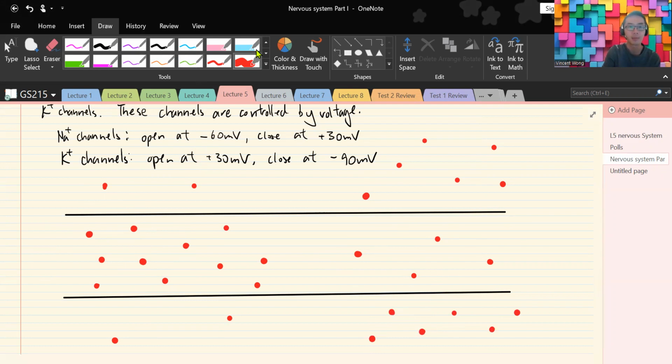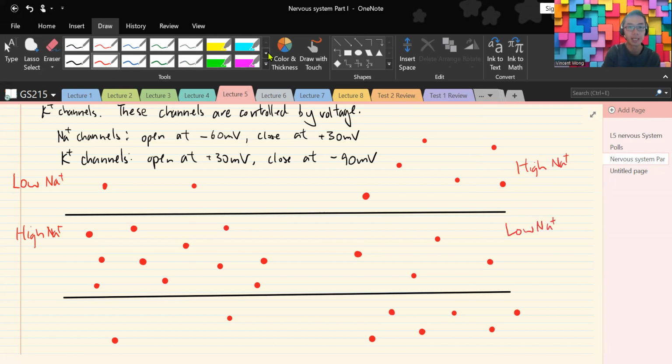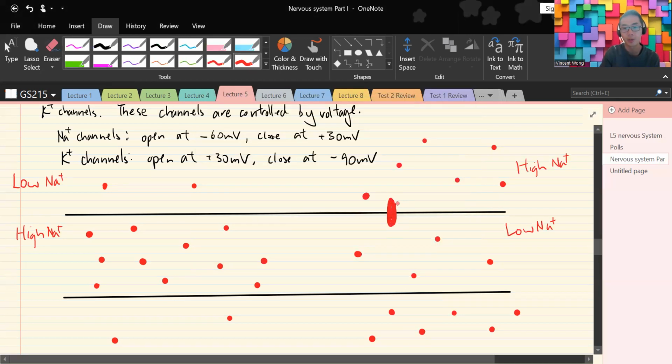So let's put some markers here to indicate the sodium level. Over here, we have low sodium on the outside because they all came in, and therefore it's high on the inside. But further down the axon, we will still have high sodium on the outside and low sodium on the inside, because those sodium channels are still closed.